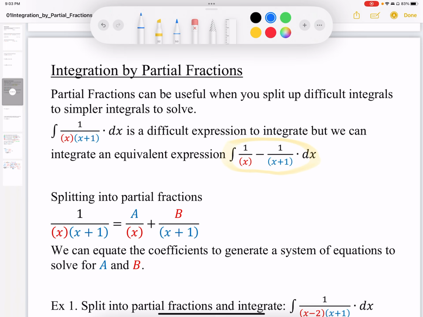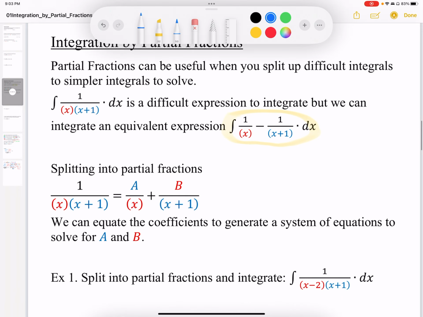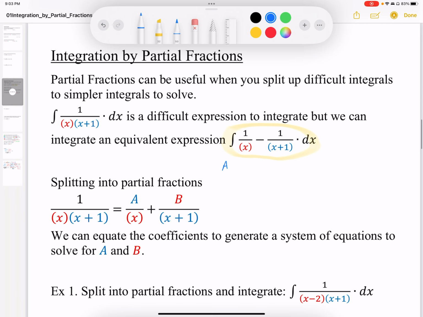So here I'm going to end up with a times x plus 1 plus b times x, and that's going to be equal to the numerator, in this case, 1. So that numerator must be equal to 1.